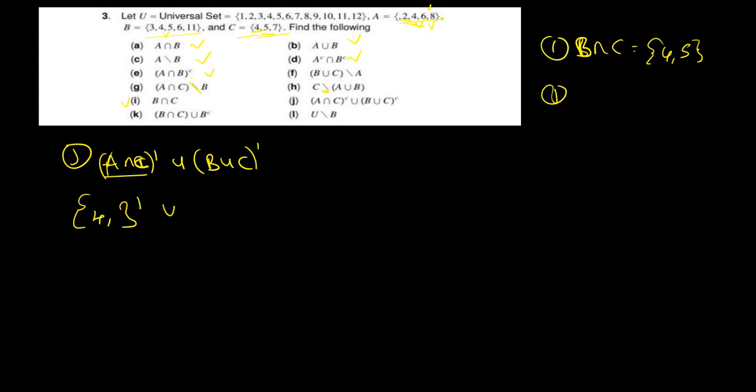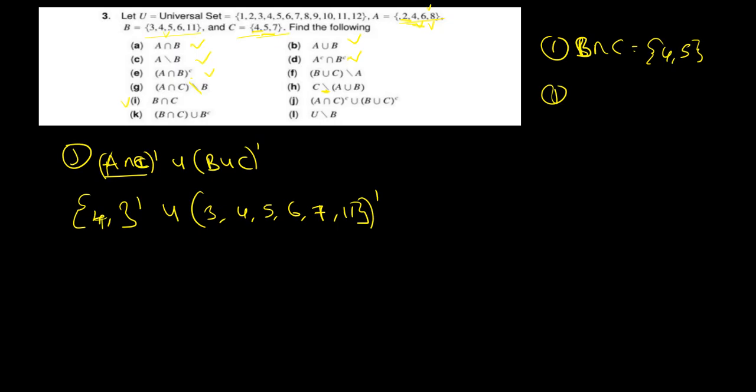Now the complement of this. B union C will put everything from B and C starting with the least number. The least number we can see here is 3 from B. So there's 3 there, 4 there, which is also found in everything, 5 there, 6 there, 7 there, 11 like that. Now it's also a complement, so we want to bring everything not found in, I mean, excluding 4.